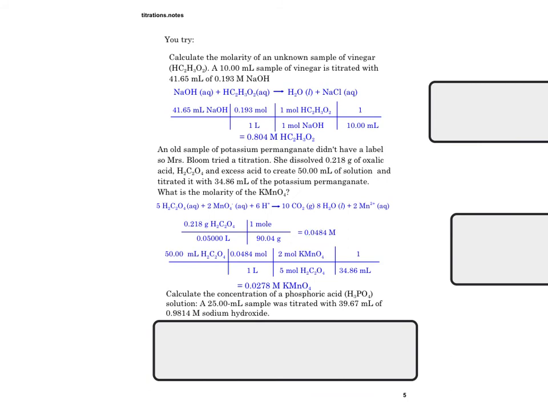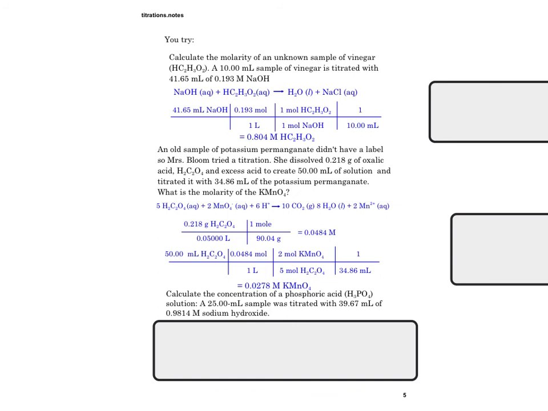The other thing that's unique about this problem is that I'm starting with my volume of analyte because that's the only one where I know the analyte and the molarity. Then I use the coefficients from the balanced equation and divide by my volume of titrant, the permanganate. Note that I'm using potassium permanganate and the net ionic equation uses permanganate ion, but they're in a 1-to-1 ratio, so it doesn't really matter.